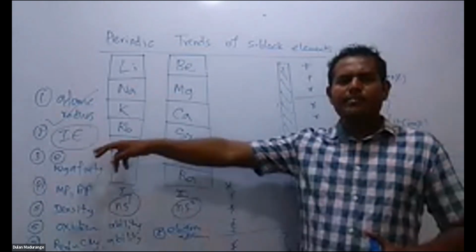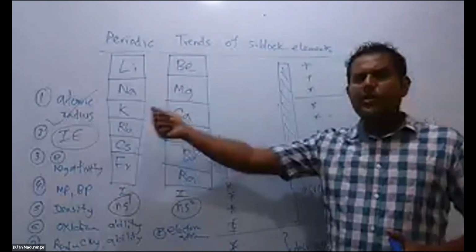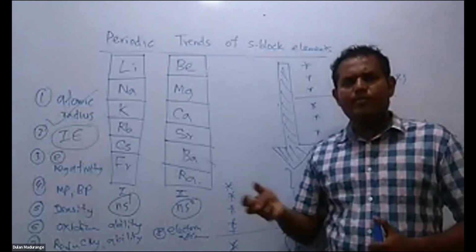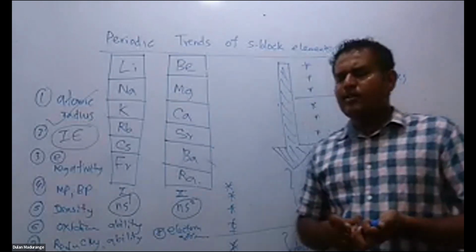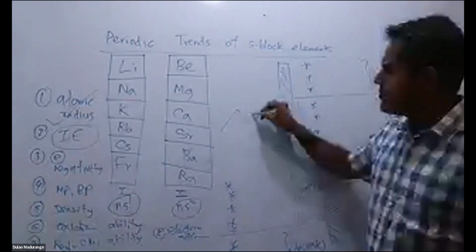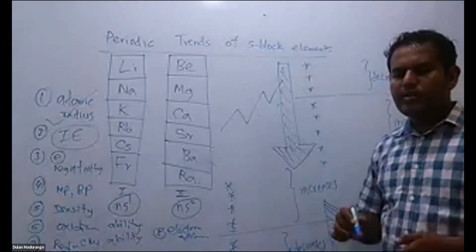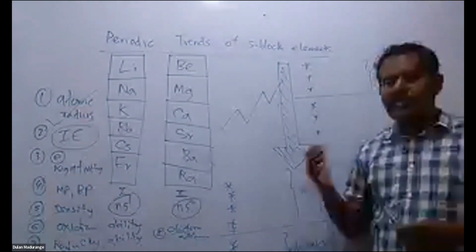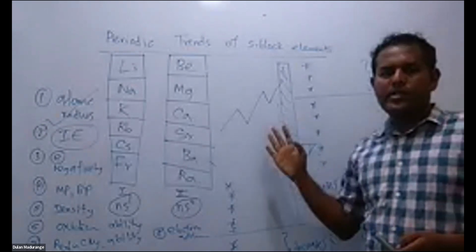Ionization energy. Across the period, does ionization energy increase or decrease? Can you remember? In a zigzag manner. Right? So when we are saying increases, we have to be very careful. That is not a gradual increase.